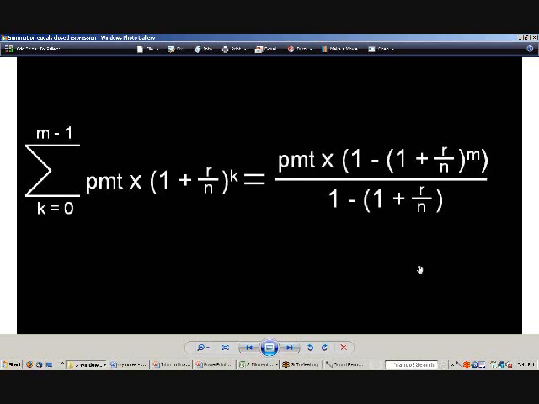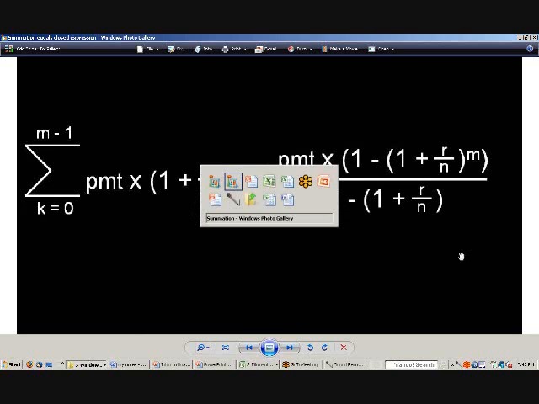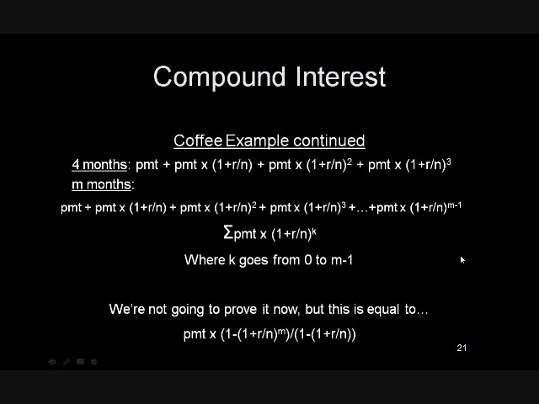And again, we're not going to prove it. You just have to take it on faith for now that this equation is true. So copy this down. And we'll go back here.